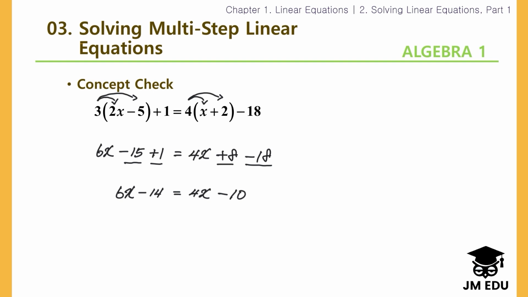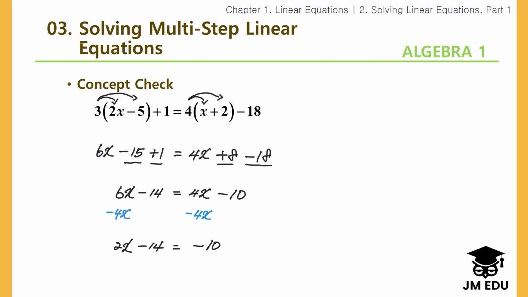Now I'm going to eliminate 4x on the right-hand side. So subtract 4x from each side. So 6x minus 4x, that's 2x minus 14 is equal to 4x minus 4x, that's 0, and we have minus 10 here.